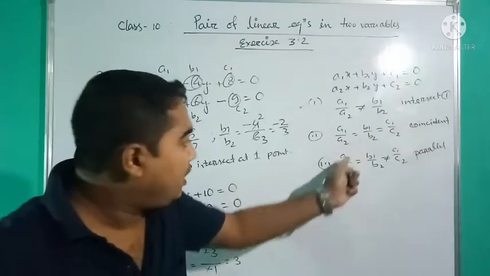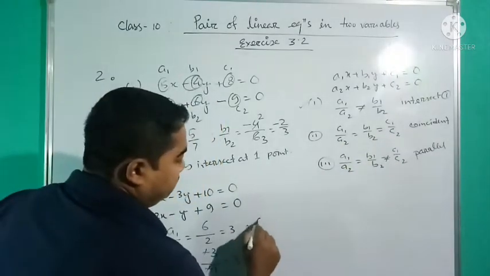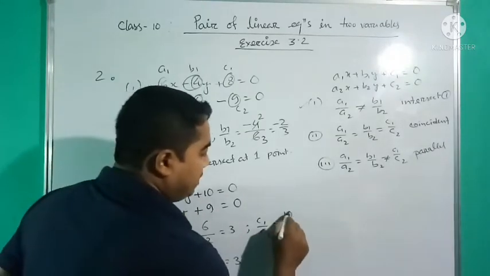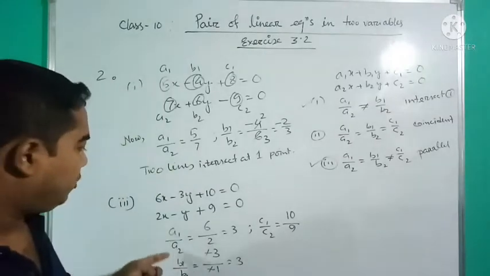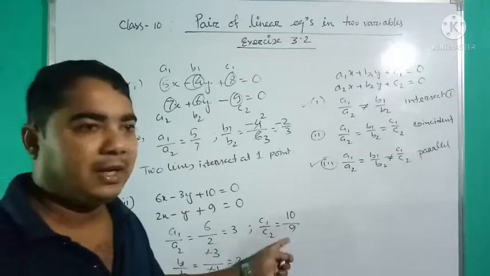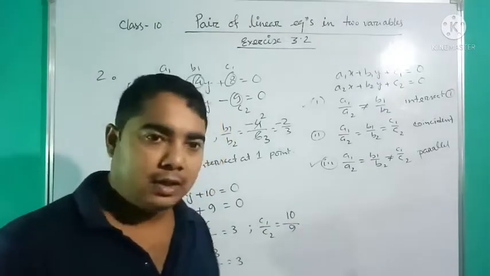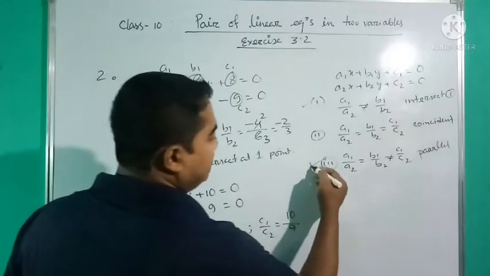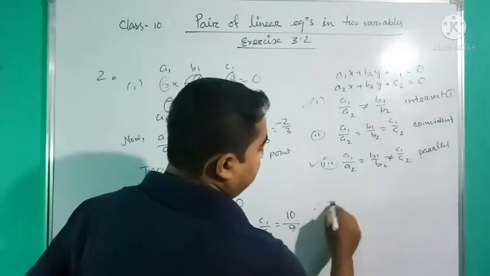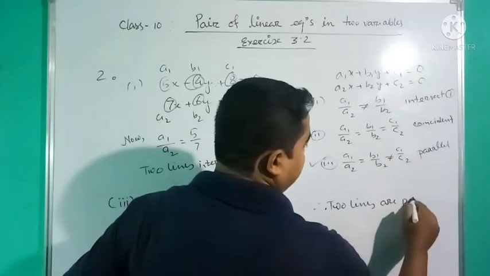If both are equal, then observe the c1 by c2 value. c1 by c2 equals 10 by 9. a1 by a2 value is 3, b1 by b2 value is 3 and c1 by c2 value is 10 by 9. Are they equal? No, they are not equal. If not equal, then they satisfy only point number 3. Therefore the two lines are parallel.